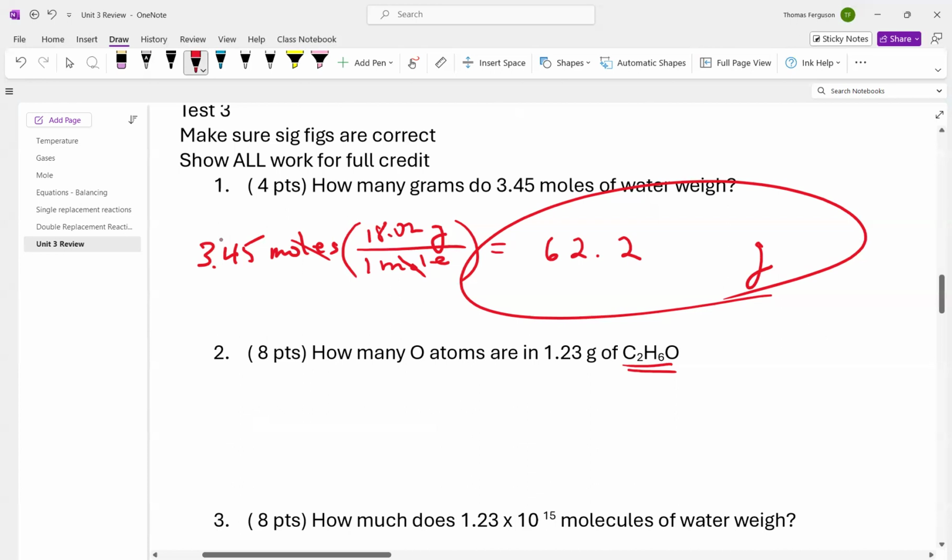Okay, so we're starting with the intermediate unit, which is moles. So we need to find out how many grams are in 1 mole of ethanol.